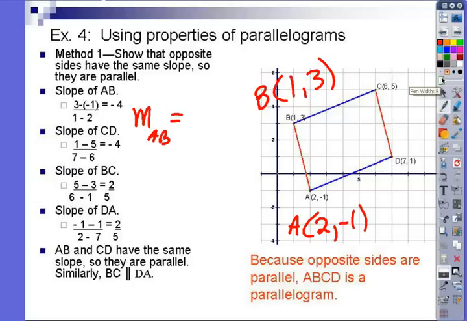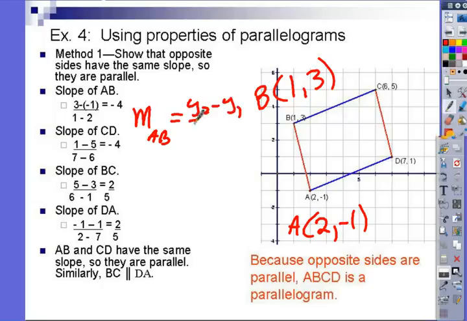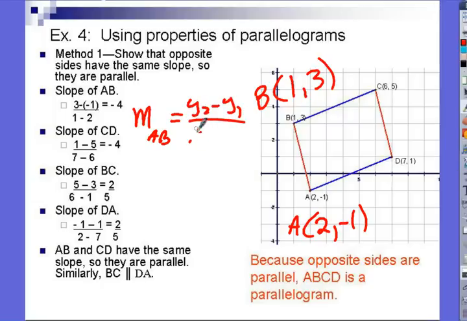you tell me. How would I find the slope between those 2 points? Y2 minus y1 over x2 minus x1. Okay, so that's just going to look like -1 minus 3, or 3 minus -1.